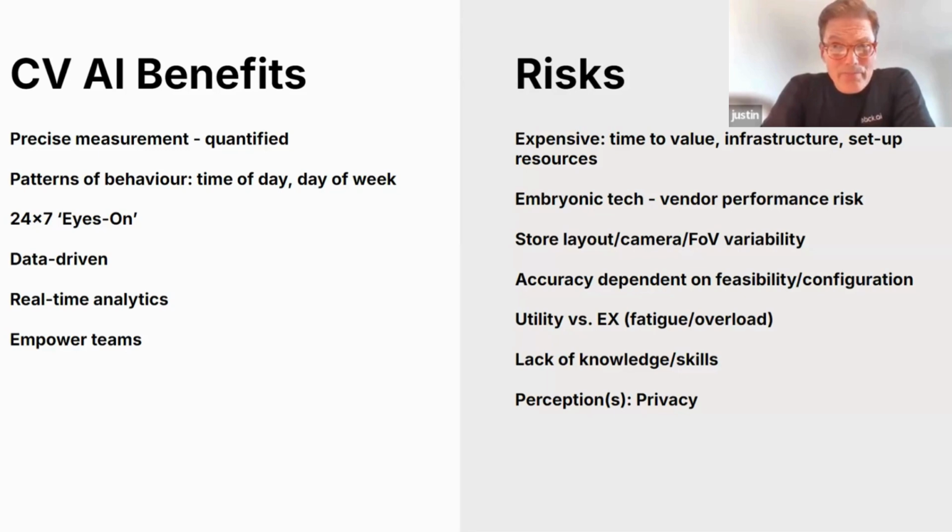Whereas there may be researchers, there may be people counters, there may be lasers or beacons used by a retailer at the moment, they can get much richer, much more detailed measurement through computer vision AI, and it's constant. They can measure patterns of behavior by time of day and day of week, and this is literally 24/7, eyes on, everywhere in the store.